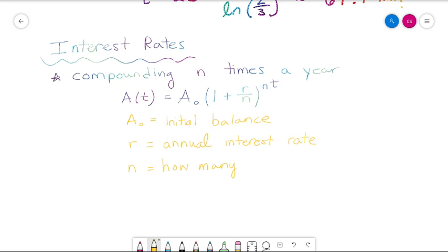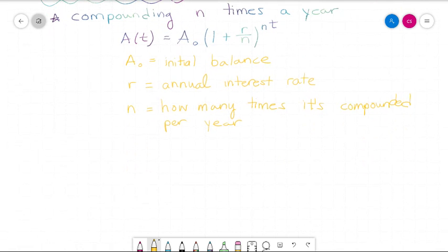So you can compound weekly, daily, monthly, quarterly, stuff like that. So how many times it's compounded per year. Okay, and T is time. And then last thing, A of t, what the actual function is, it's the new balance. So after we applied the interest, okay?